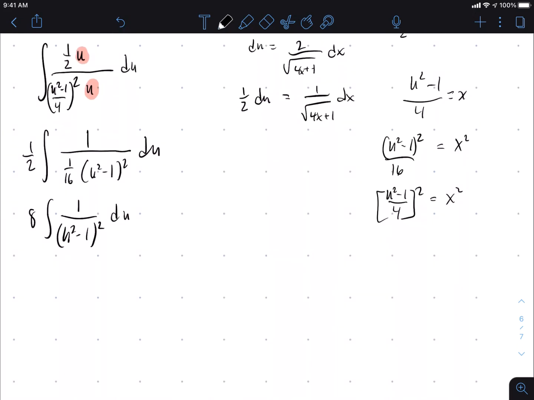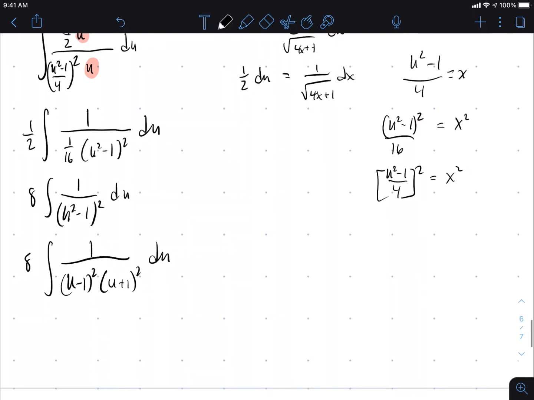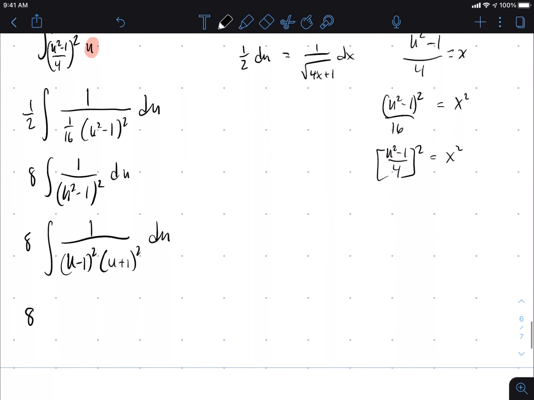I'm going to show you how to do the partial fraction decomposition piece here. It's a difference of squares inside, right? So I can go u minus 1 squared times u plus 1 squared du. Agreed? Yes. And so from here, I'll just do the partial fraction piece.